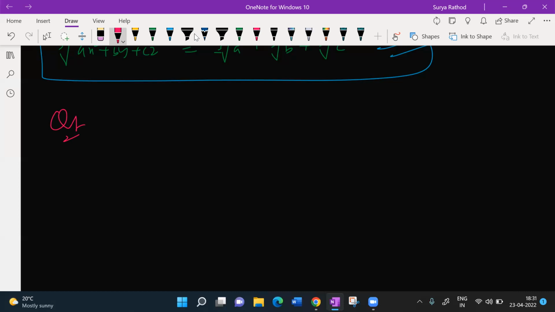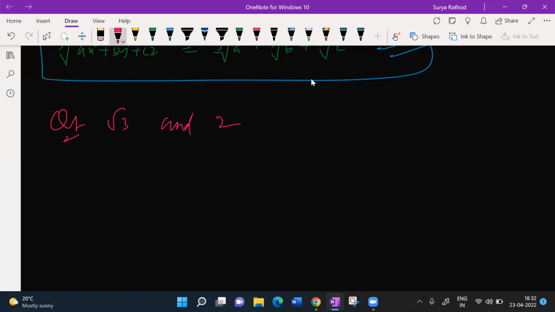Root 3 and what, beta? 2 or root 2? Normal 2, sir.